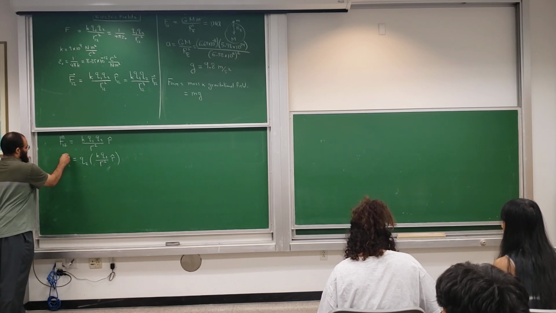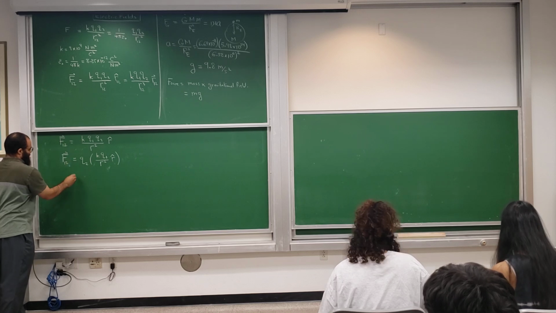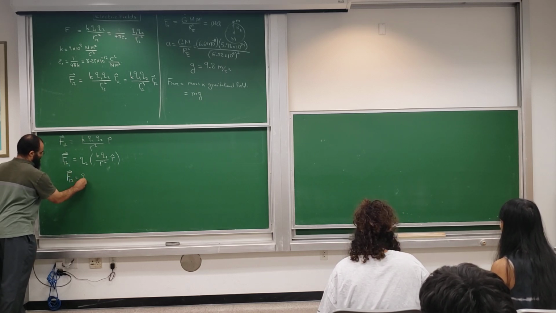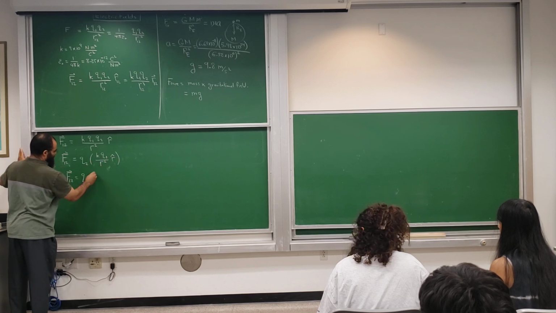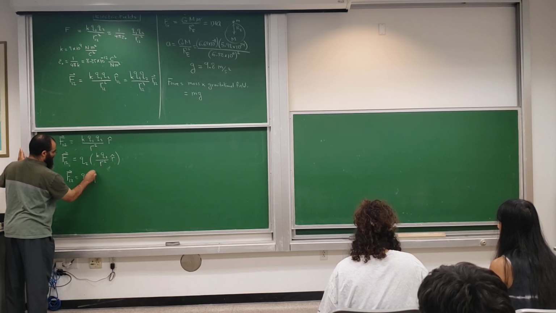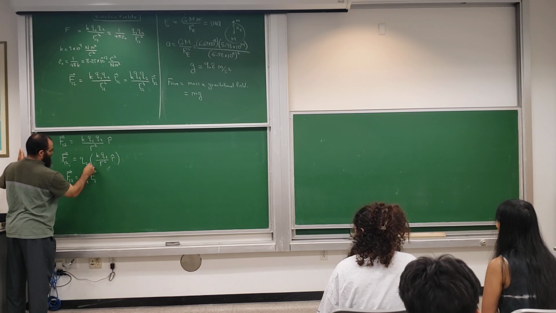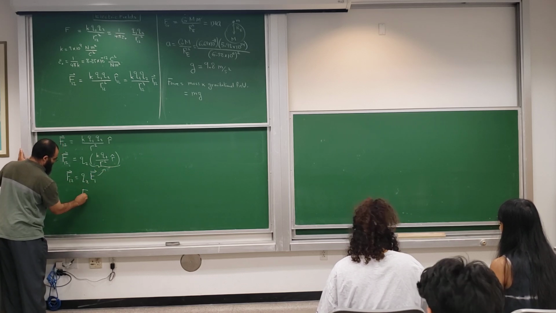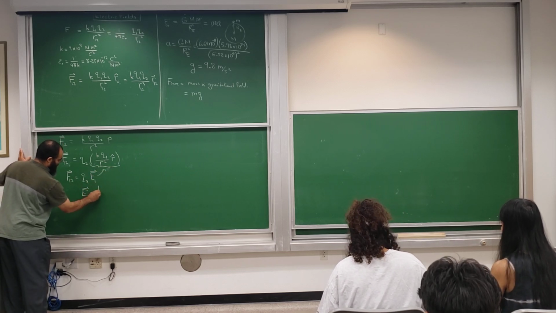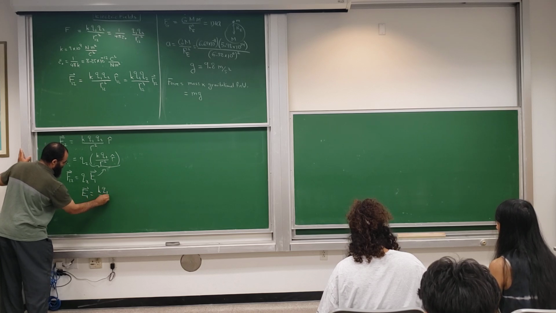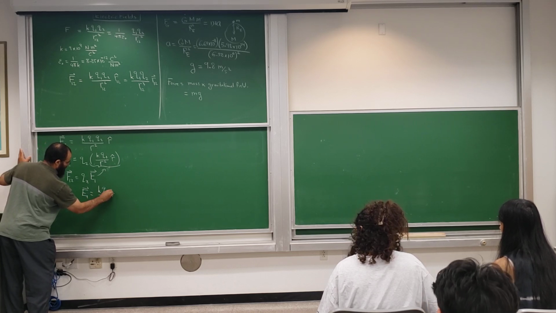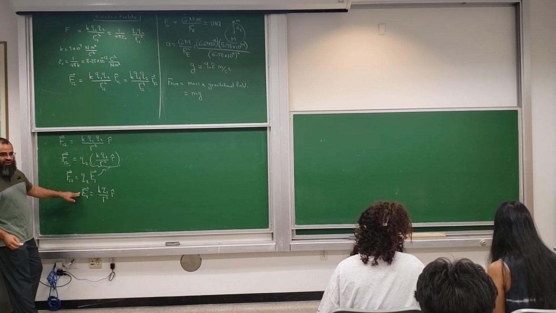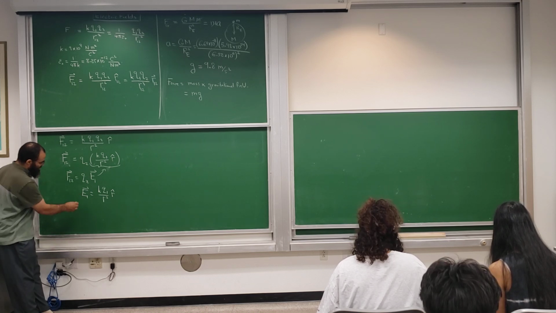So this part here is called the electric field, E1. So E1 is equal to k Q1 over r squared r hat. So E1 is the electric field produced by charge 1. Electric field.